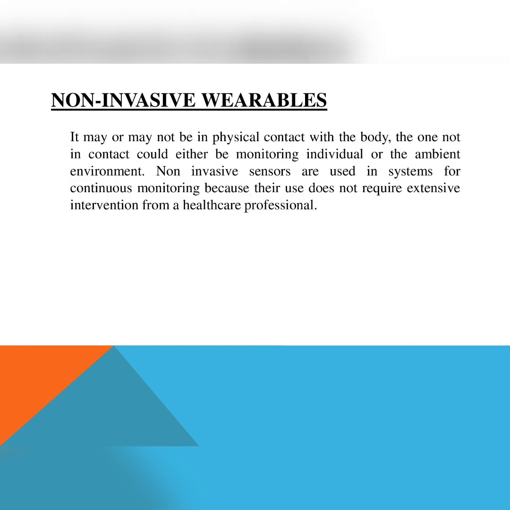Next one, non-invasive wearables. They may or may not be in physical contact with the body. The ones not in contact could either be monitoring the individual or the ambient environment. Non-invasive sensors are used in systems for continuous monitoring because their use doesn't require extensive intervention from a healthcare professional.